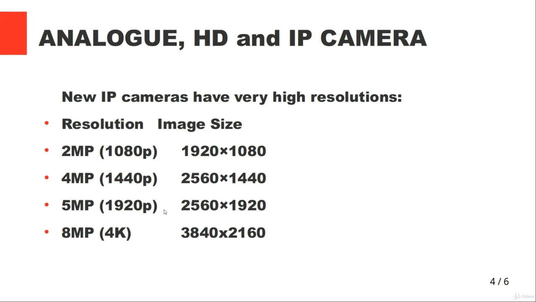Well, you may be buying a new camera for an old DVR or NVR, which cannot handle 5 or 8 megapixel. So you will lower your 5 megapixel camera to 2 megapixel. But when you upgrade your NVR or DVR, you will be able to turn it back to whatever resolution you want. It's a very handy feature that you just log into the IP camera and change the resolution.